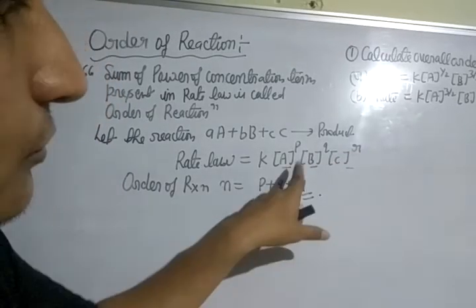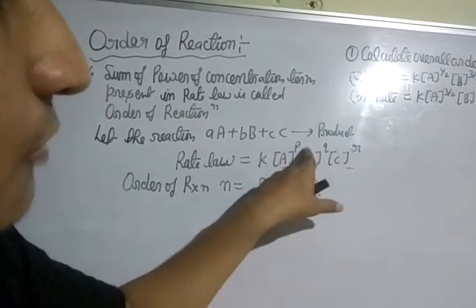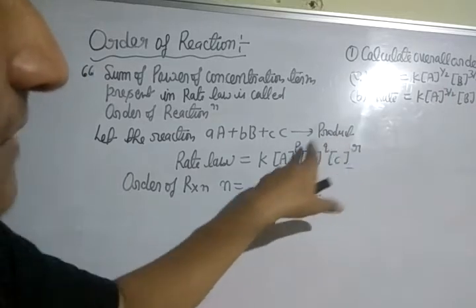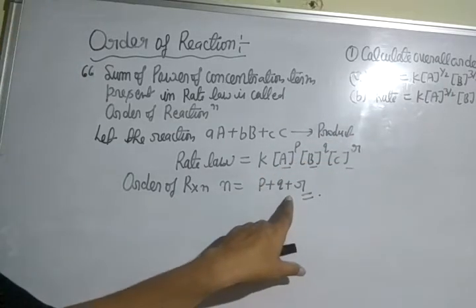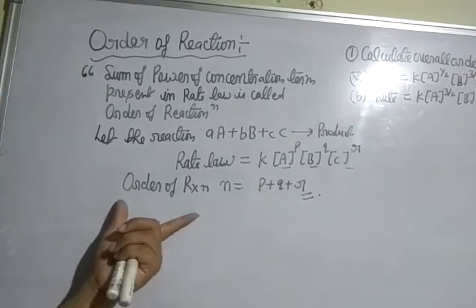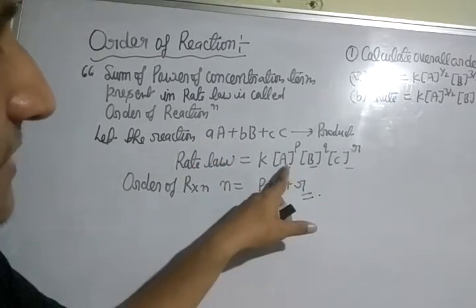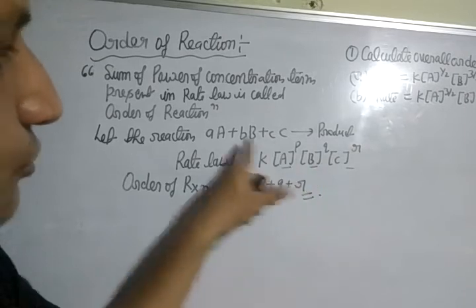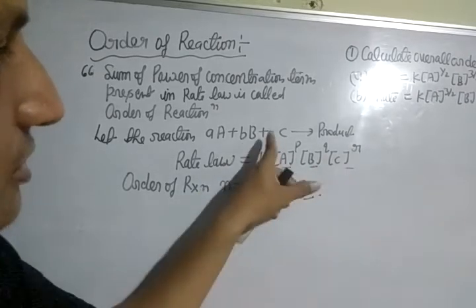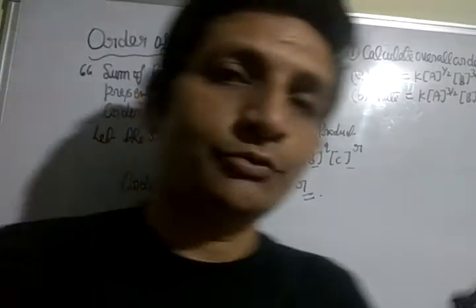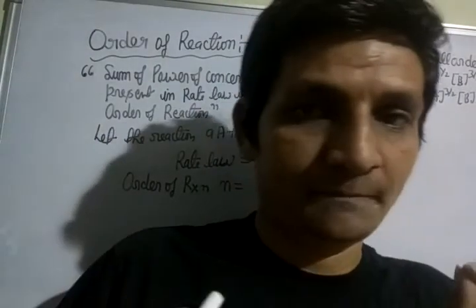Order of reaction is the sum of power, P plus Q plus R. We can also take, according to law of mass action, concentration A to the power small a, concentration B to the power small b, concentration C to the power small c, but this is according to law of mass action, 11th standard.